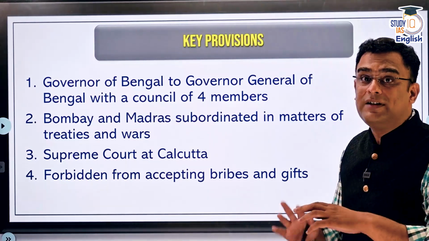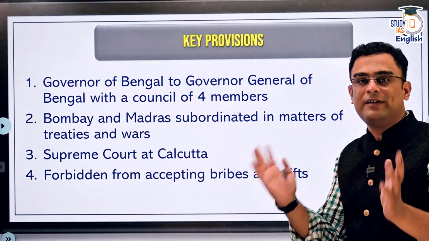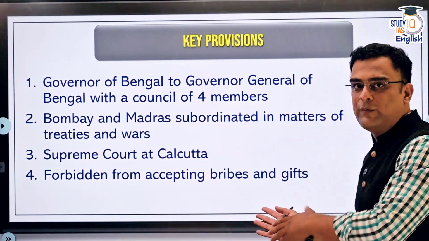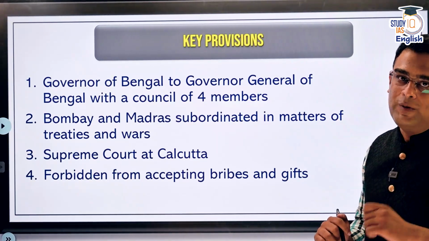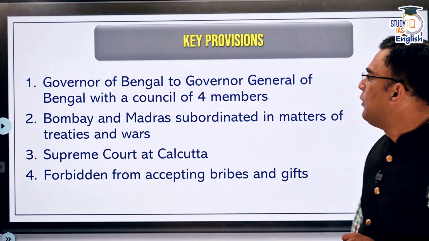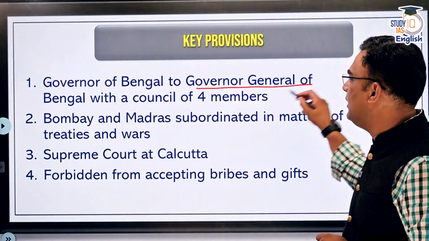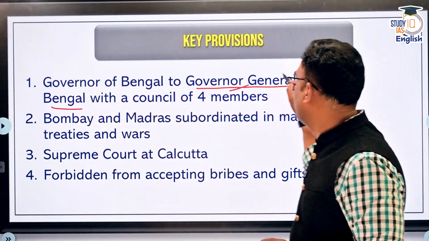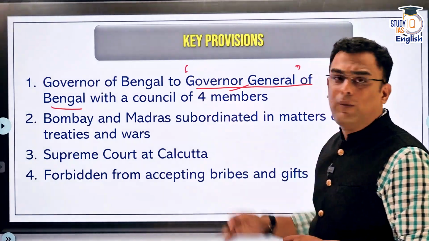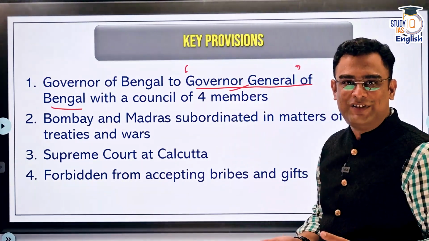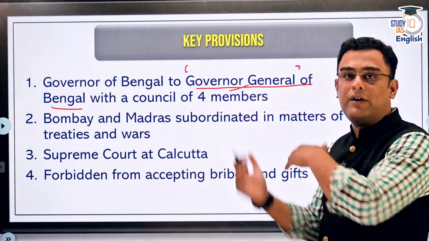Now let us see what were the key provisions. Now that you have understood the backdrop, the provisions will become relatively easier for you to remember. Governor of Bengal was now made Governor General of Bengal. Now, why this glorified kind of a status, Governor General of Bengal?